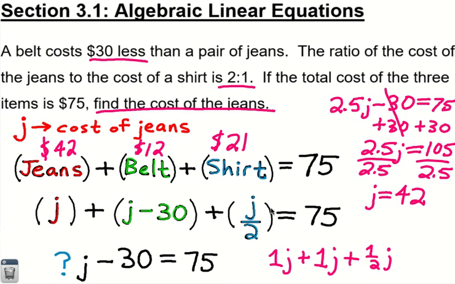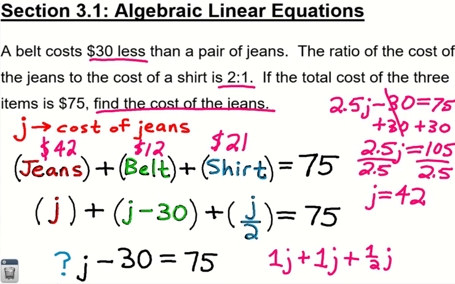And then we just used all three of those equations, all three of these facts: the fact that they all add up to 75, the fact that a belt was 30 less than jeans, the fact that a shirt was half of what jeans were. We put all three of those together to help us figure out three unknowns.